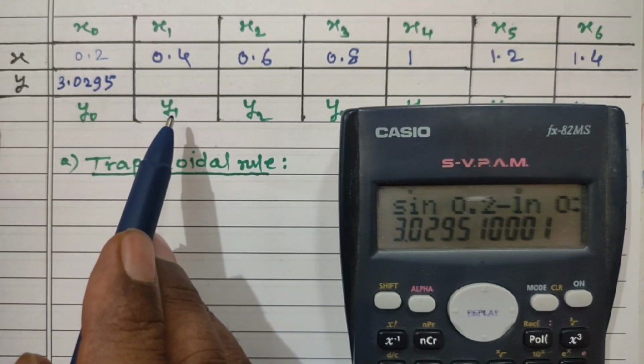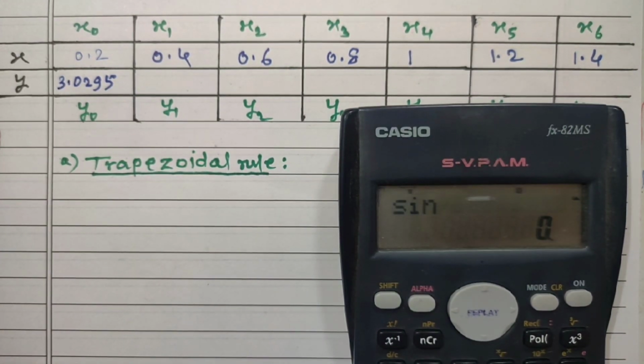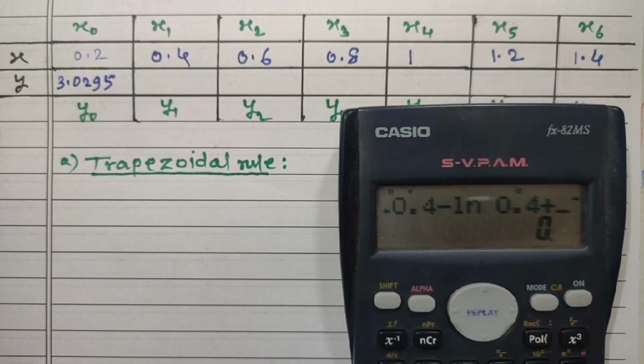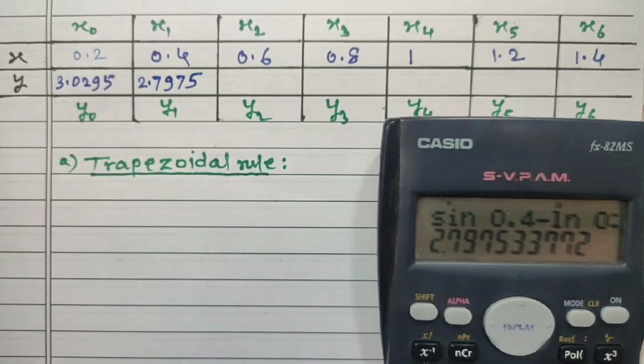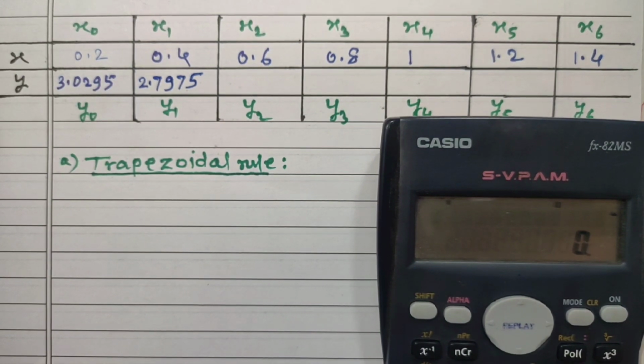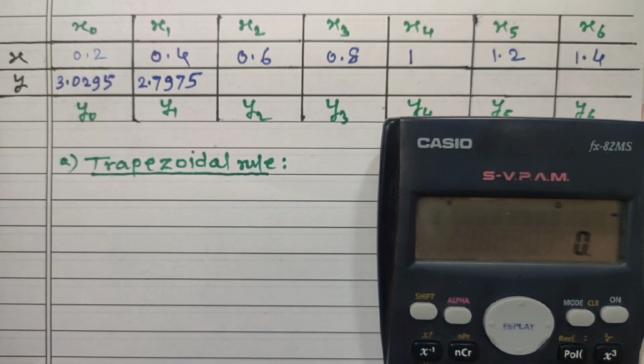Similar to this, we have to find out the value of y at x is equal to 0.4, that is nothing but y1. So sine of 0.4 minus natural logarithm ln of 0.4 plus exponential, that means e to the power 0.4. This is equal to 2.7975. Similarly, for x is equal to 0.6, we have to find out y2.